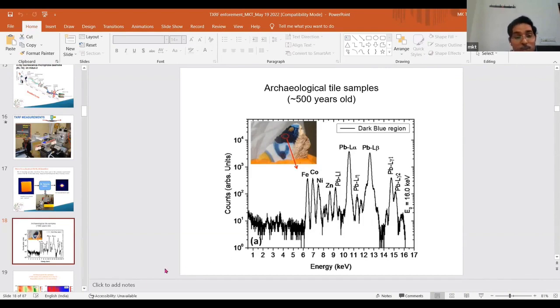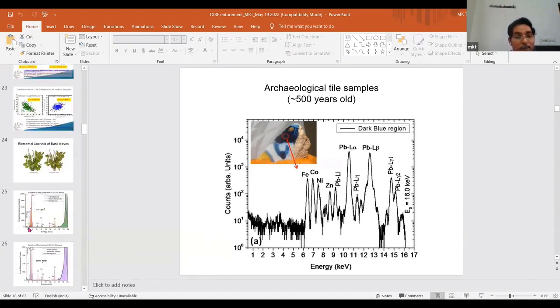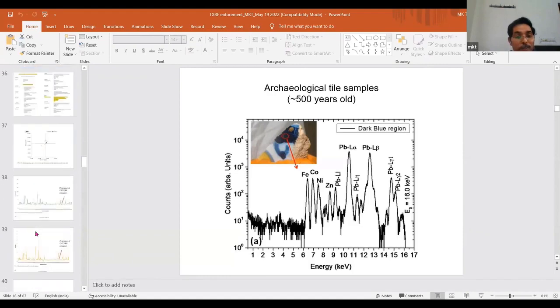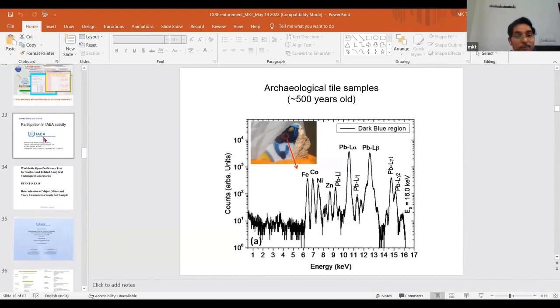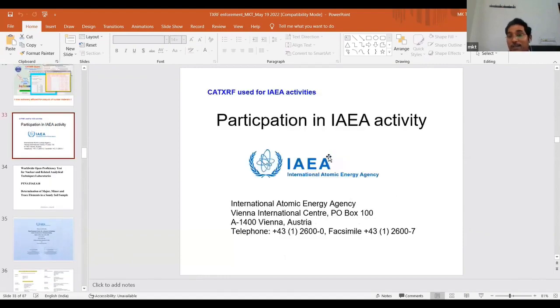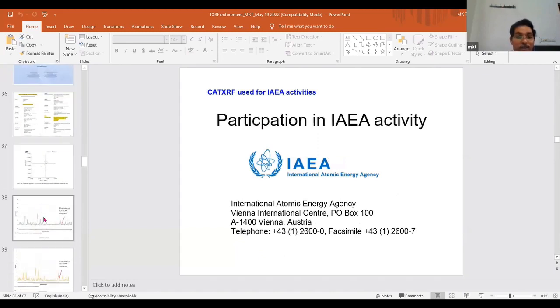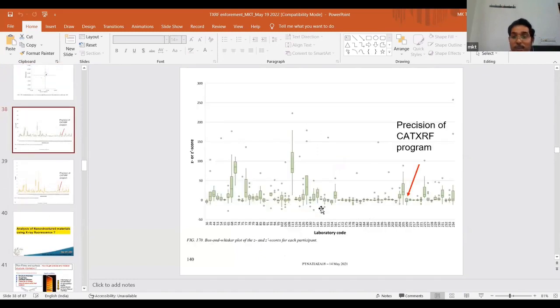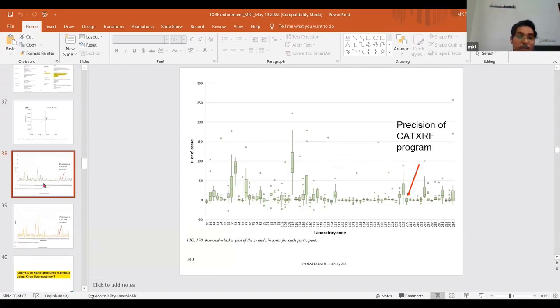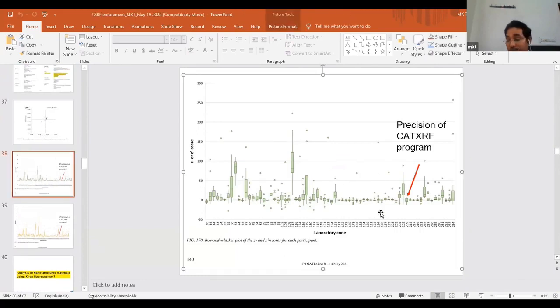And this is what we struggled with in this fitting and analysis, because some of the peaks are very small and some of the peaks are mixing with others.